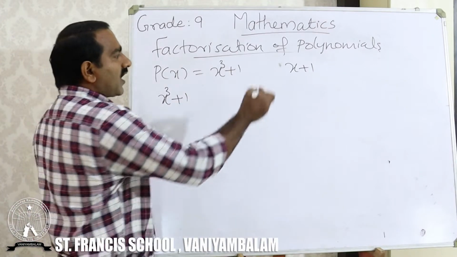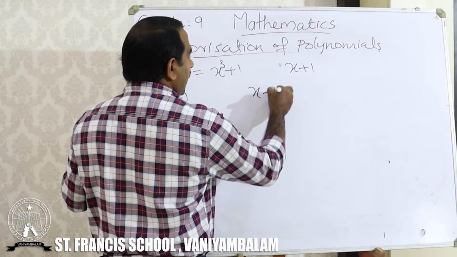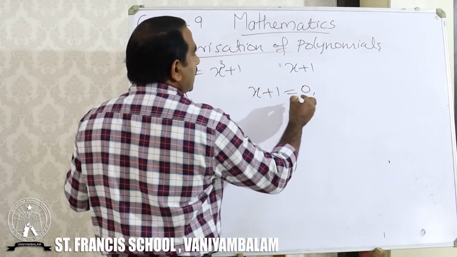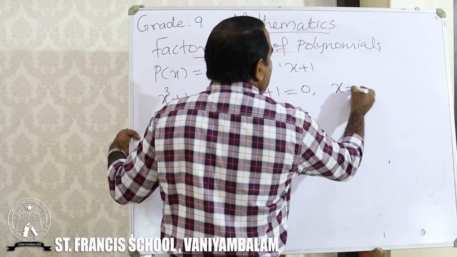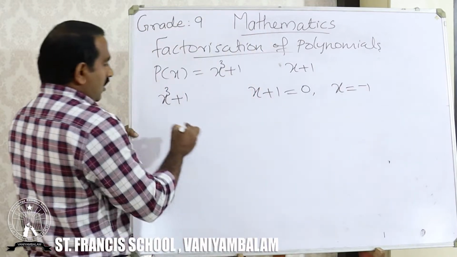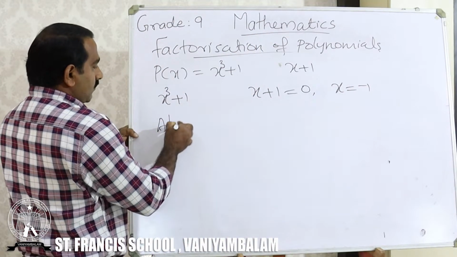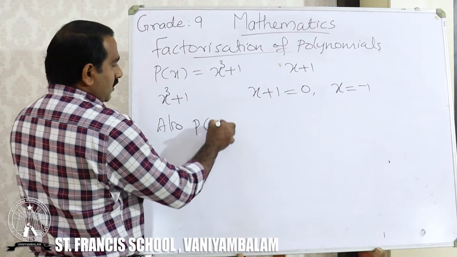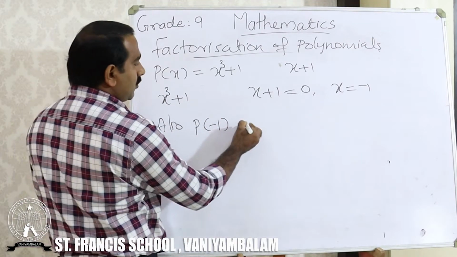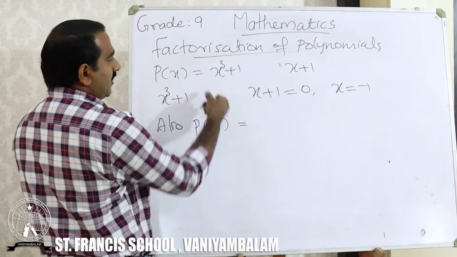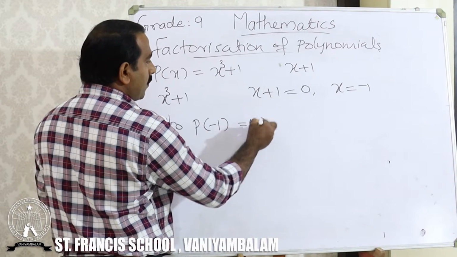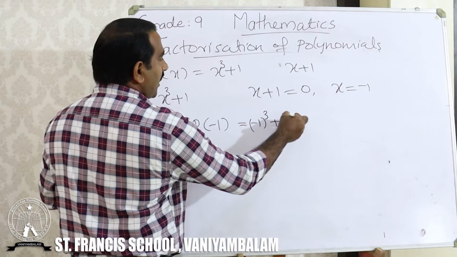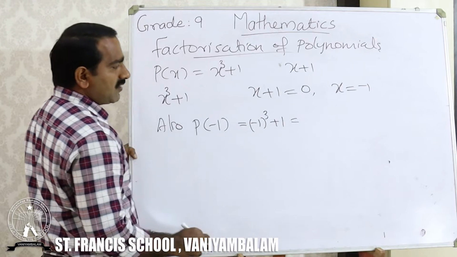Now taking x plus 1 equal to 0, we get x equal to minus 1. Also, P of minus 1, substituting x equal to minus 1, is minus 1 cube plus 1. What is minus 1 cube?